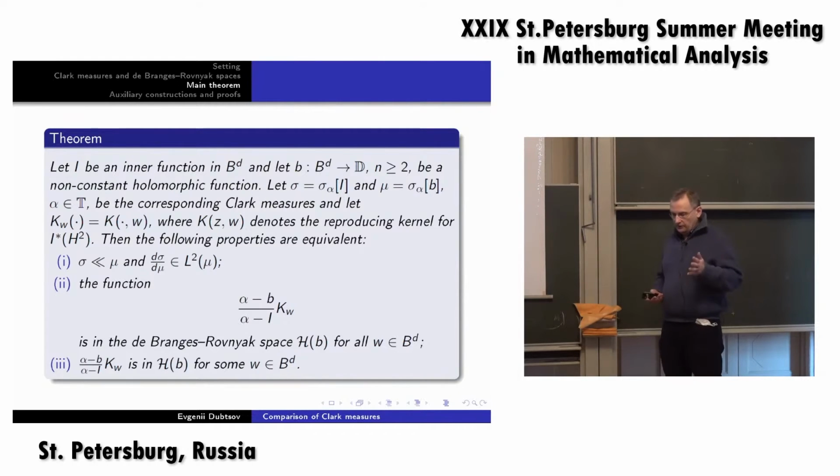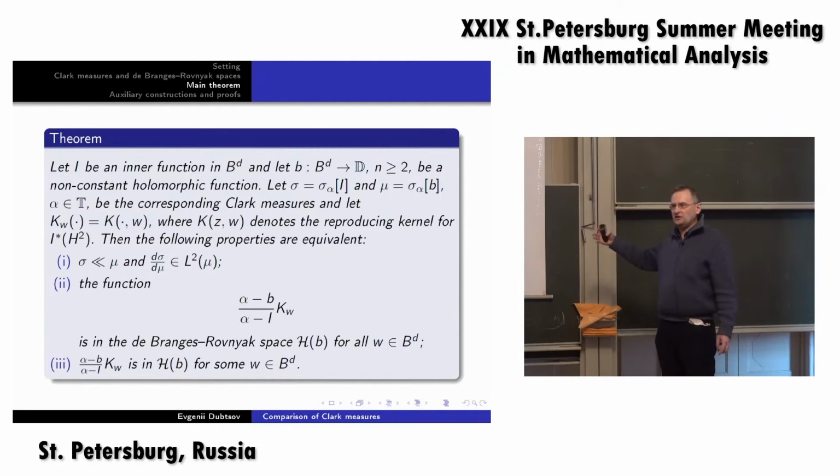So this theorem explains how to compare Clark measures and how to describe that one measure is absolutely continuous with respect to another, and in this case we also assume that the corresponding derivative is in L2. In the case of dimension 1, this is an if and only if characterization, because this is a pure dichotomy.